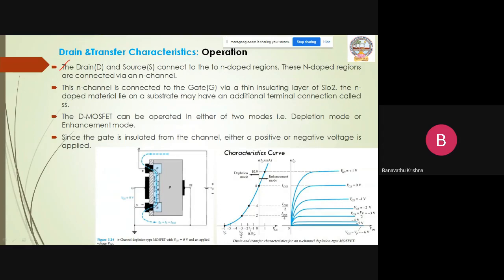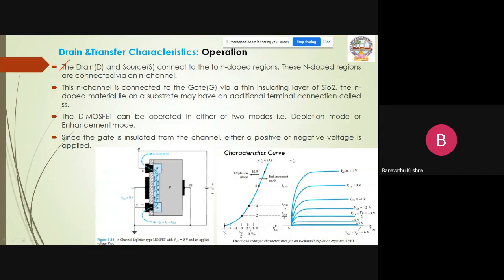So what is the purpose of the source here? The majority charge carriers enter into the source, and those charge carriers move towards the drain through this channel. How do they move towards the drain region?